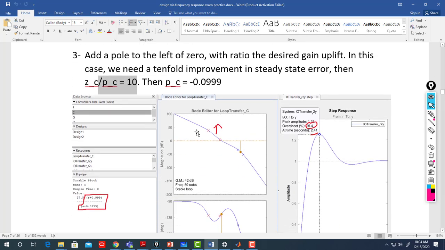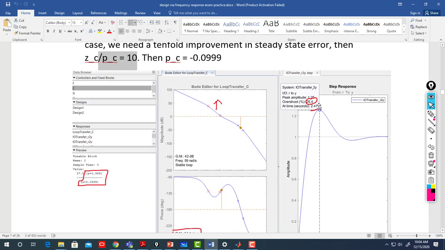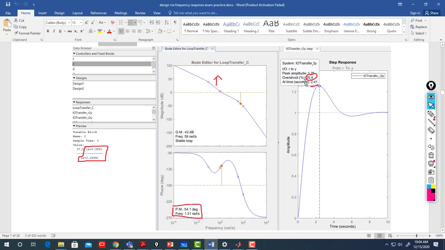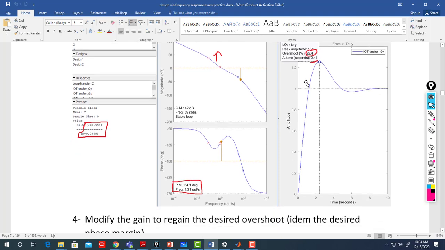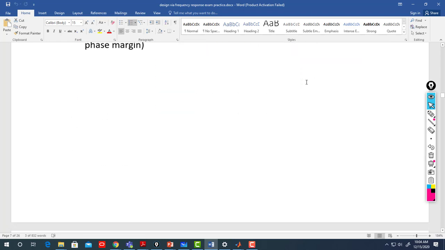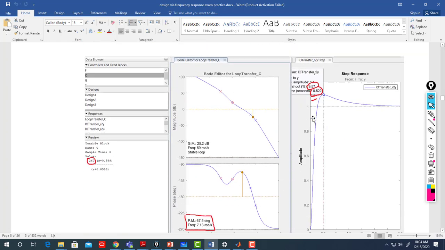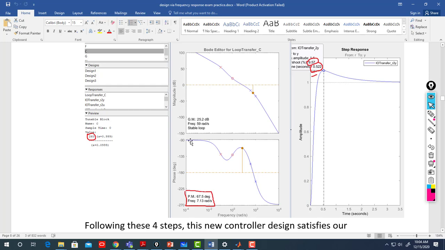Then you readjust your gain to retrieve the desired phase margin, the overshoot you wish, which is 9.5. Like in this case, I get it with a gain of 260.